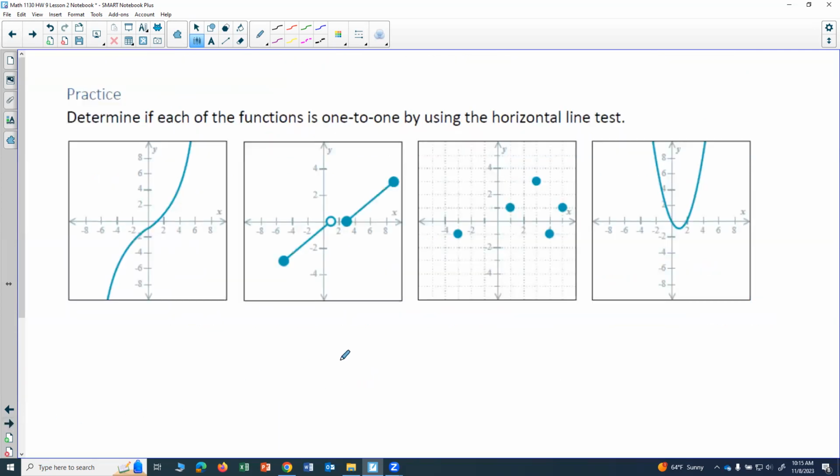Let's look at these graphs and determine if each one of the functions is one-to-one by using the horizontal line test. So that's always going to be our test for a graph to see whether it's one-to-one. Okay, so let's look at this first one. We have some form of cubic function that shifted downward below the x-axis a little bit.